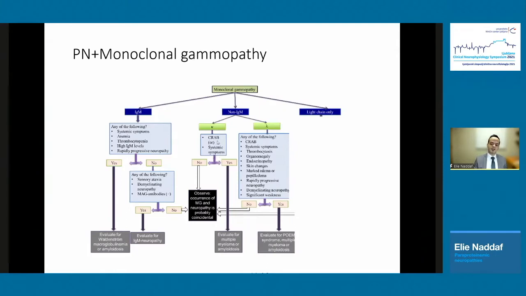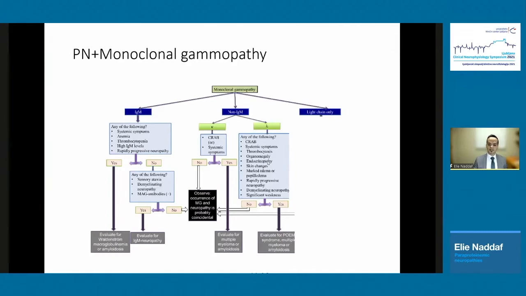As screening for myeloma, you see if there is the CRAB acronym, which is hypercalcemia, renal failure, anemia, bone lesions, B symptoms, or other systemic symptoms. And if yes, you want to screen for that. Now, if you have the lambda, in addition to the possibility of multiple myeloma, it can be POEMS syndrome or osteosclerotic myeloma.